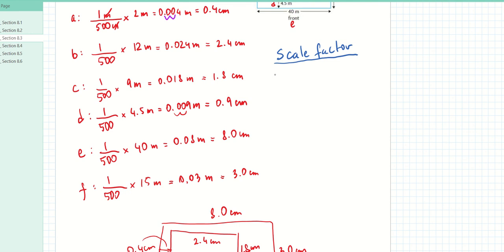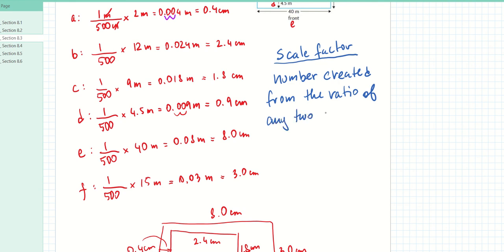So again, a number created from the ratio of any two similar sides or shapes.